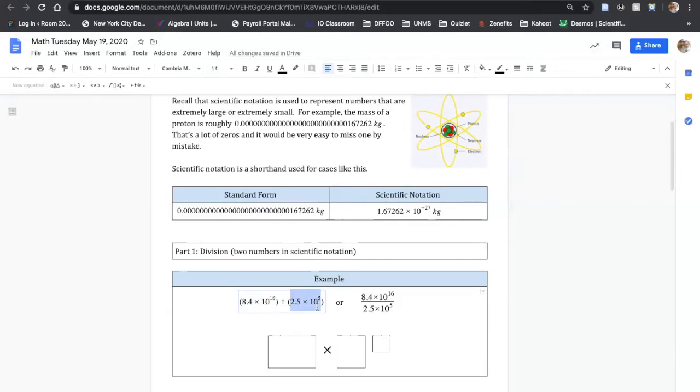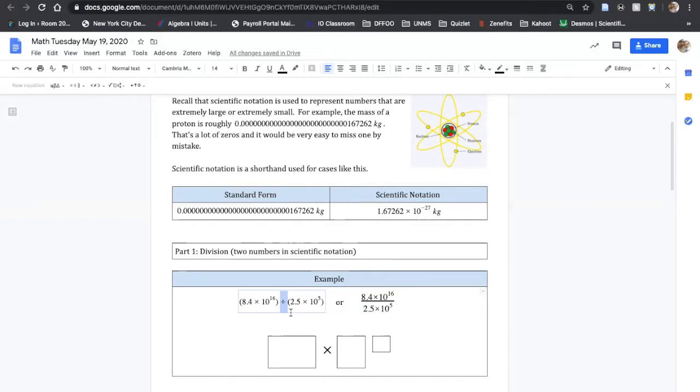Now, the second way you might see it is written as a fraction, but again, it means the same thing. 8.4 times 10 to the 16th. Remember that we can read a fraction and say that means divided by 2.5 times 10 to the 5th. But the way that we're going to approach this is exactly the same as how we did it yesterday. First, we're going to group the numbers together and use this operation of division instead of the multiplication that we saw yesterday.